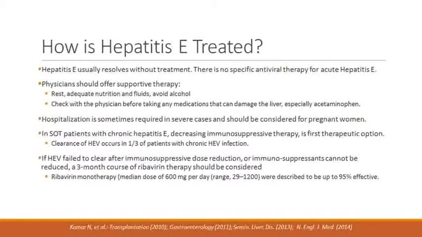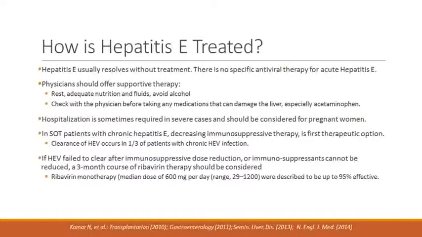How is hepatitis E treated? Hepatitis E usually resolves without treatment. However, physicians should offer supportive therapy. Hospitalization sometimes is required when the cases are severe.